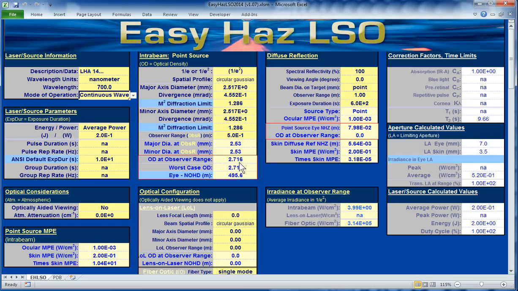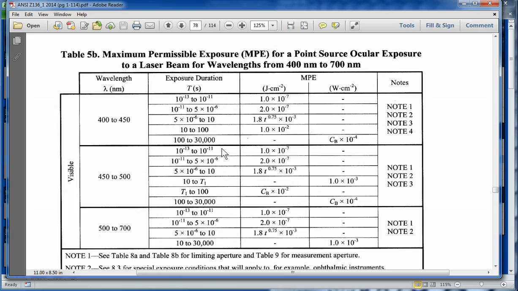But let's take a look at why the MPE is increasing with wavelength in the near IR and not in the visible. Again, we're going to return to our standard. Let's look at table 5B. Here is 500 to 700.